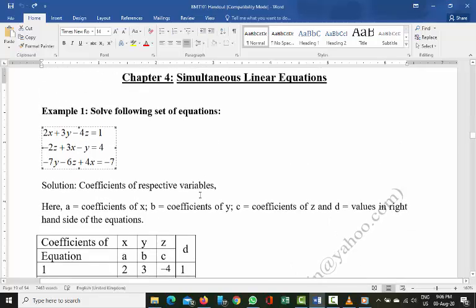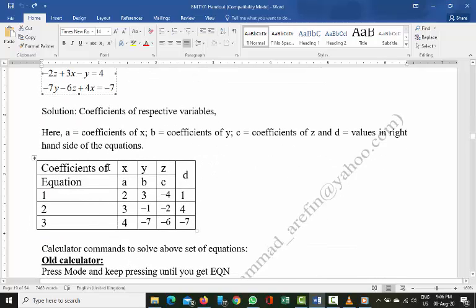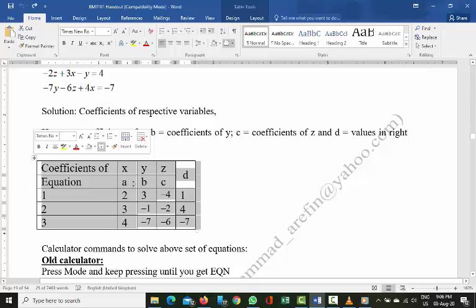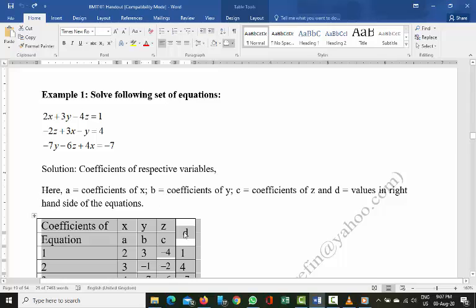First, remember, you need to get a table like that. Here we have 3 variables, x, y, and z. So x will be considered as the first variable, y as the second variable, z as the third variable, and whatever value you have on the right hand side of the equations, we will consider it as d.